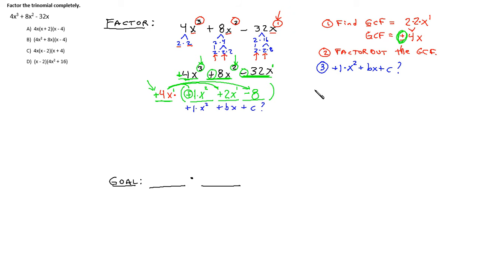In other words, is there a variable squared in the first term? Yes, there is. Is its coefficient a positive 1? Yes, it is. Now move on. Is the variable that's squared in the first term, does it appear to the first power in the middle? Yes, it does. X was the variable that's squared in the first term. X appears in the middle to the first power. Okay, great. Then when these pluses match, we can identify b as positive 2.